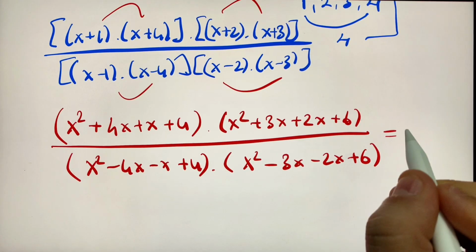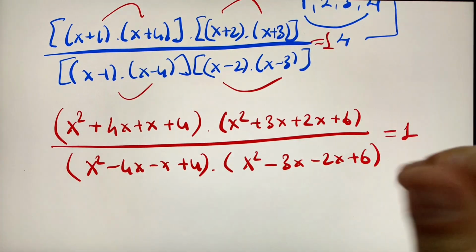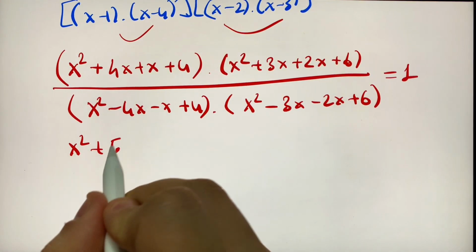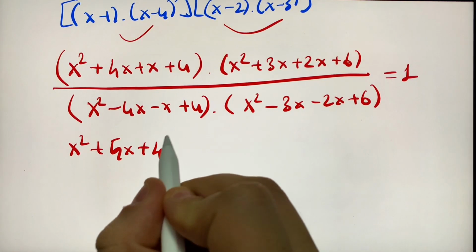I got the results. Of course, what are they equal to? It is equal to 1. Now let's arrange a little more: x squared plus 5x plus 4.